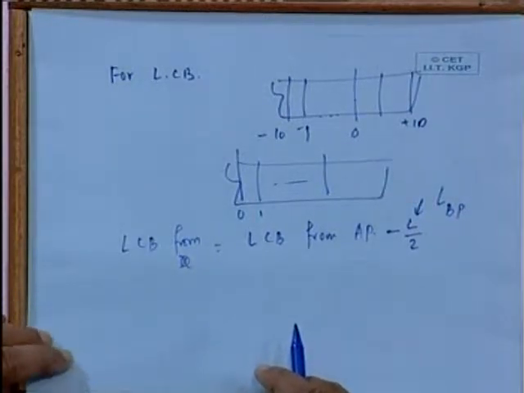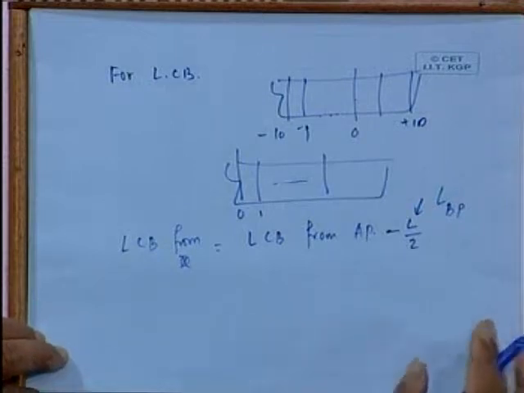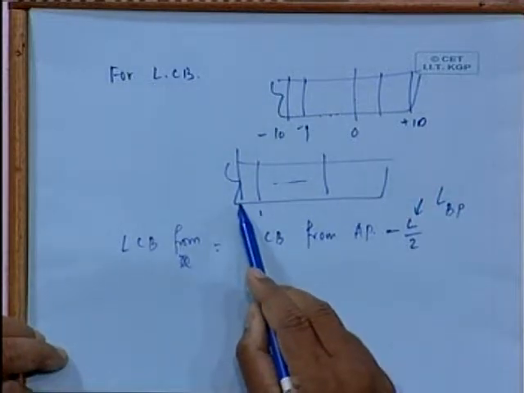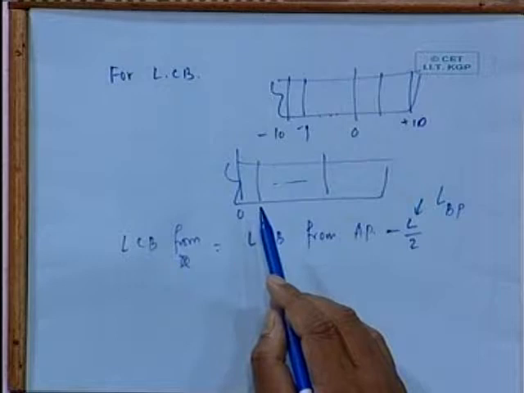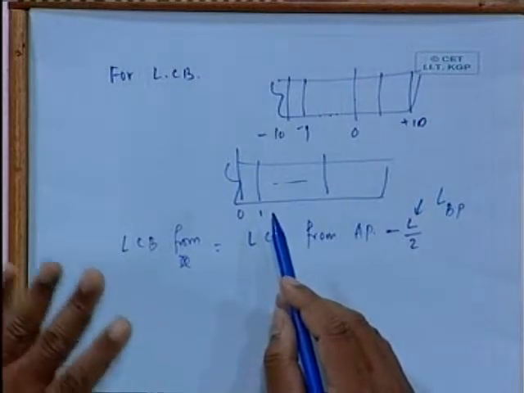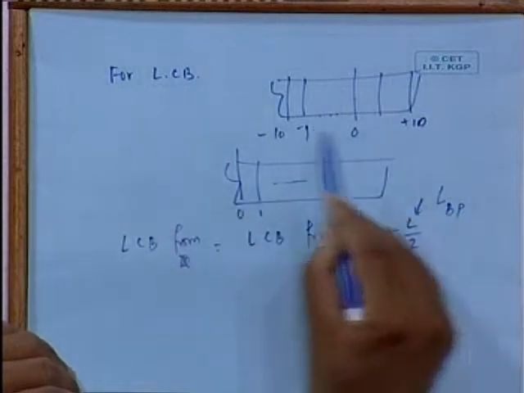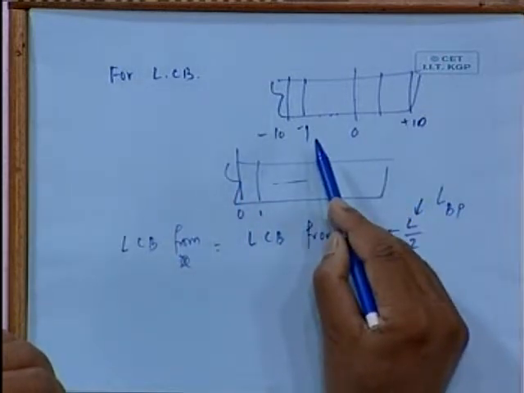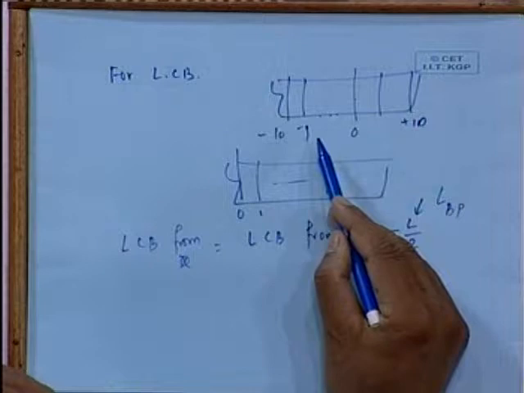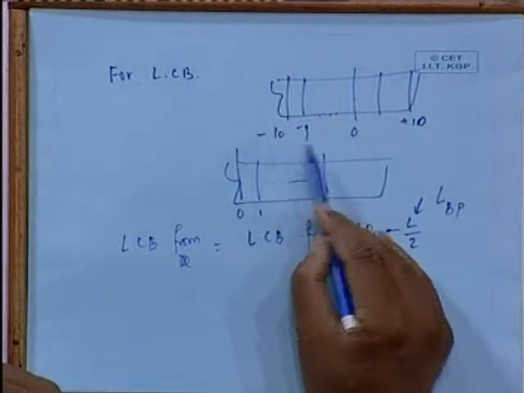I personally recommend that sometimes it is better to take from 0, because people confuse between minus and plus. If you begin to take minus 1, minus 2, minus 5 this way, then sometimes in calculation this negative confuses people. But if you can do it, then no harm. Many old books prefer this.